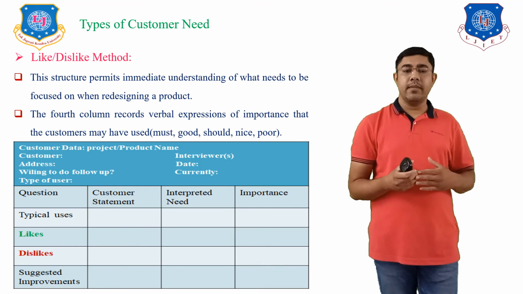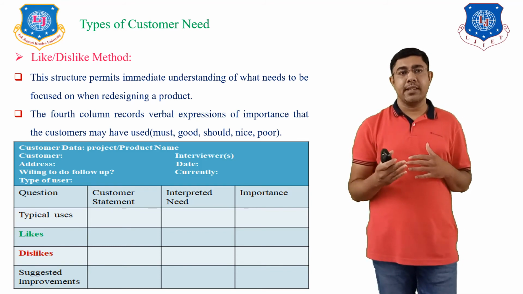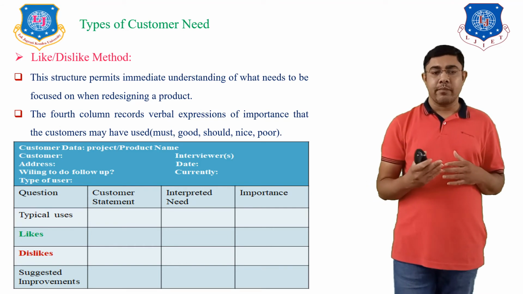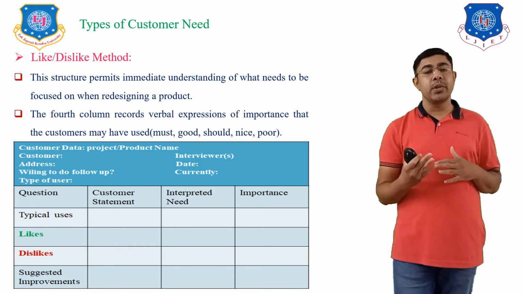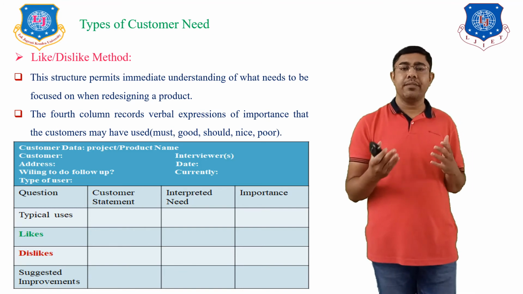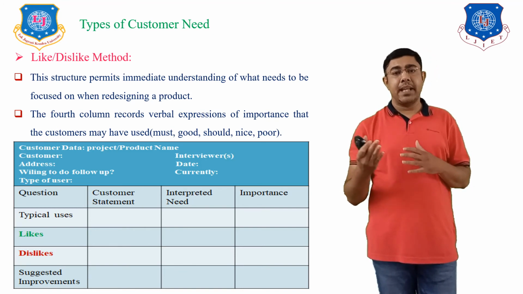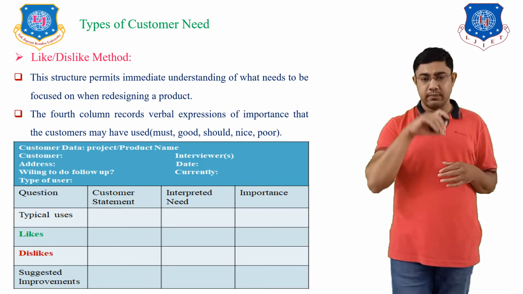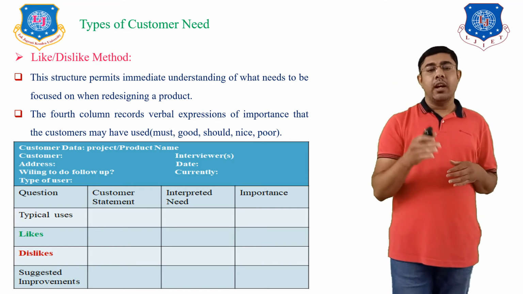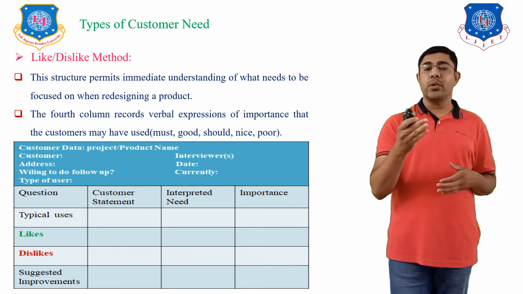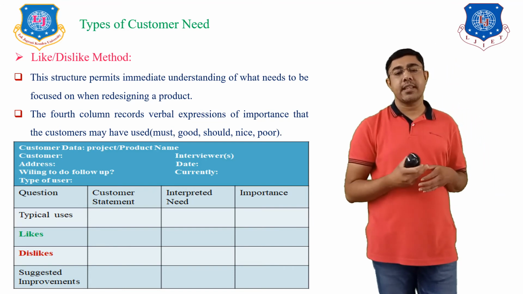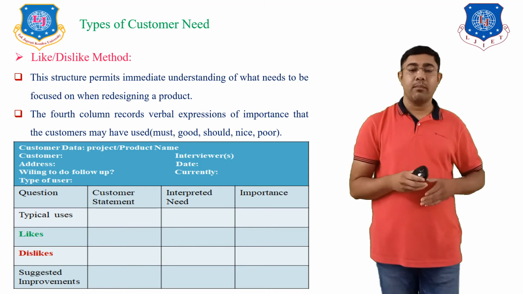The fourth column records the verbal expressions of importance that the customers may have used during the interviews, like must, good, should, nice, poor, etc. Those words are mentioned in the last column, the importance.